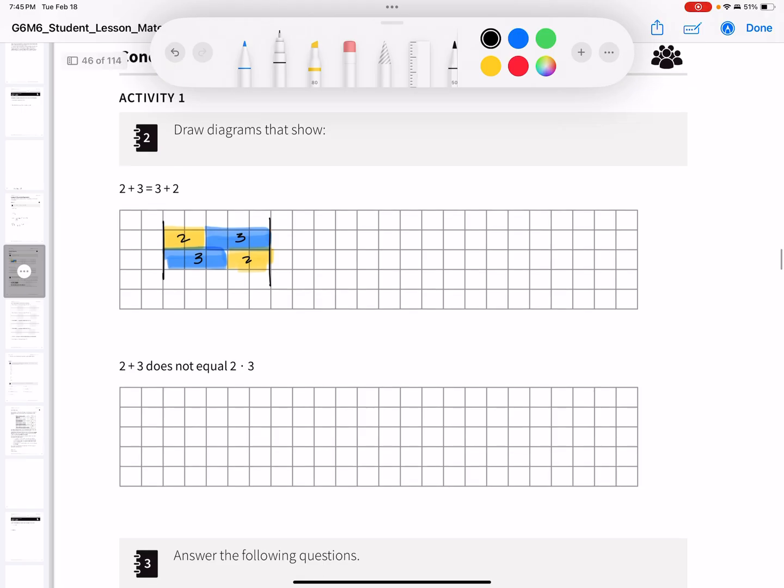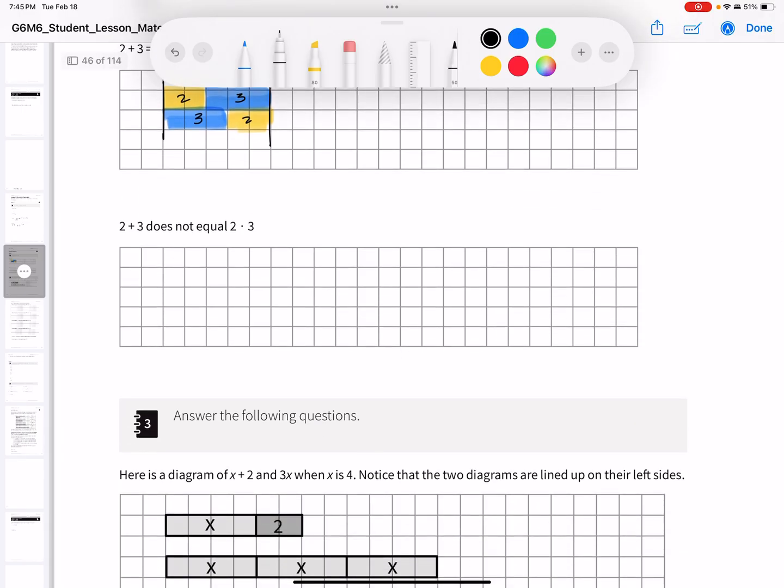Let's go on to this. 2 plus 3 does not equal 2 times 3. All right, here we go. We have 2, so here's my 2, plus 3, here's my 3, okay? And then I'm gonna do 2 copies of 3.